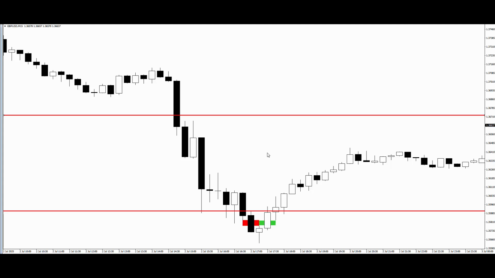Now liquidity voids are a 3-candle pattern, so we've got one candle, second candle, and then the third candle. Only when you get the overlap in this candle where it doesn't actually overlap, i.e. that would be an overlap, that would be a non-overlap, then we get the liquidity void. So that would be the liquidity void in this structure.